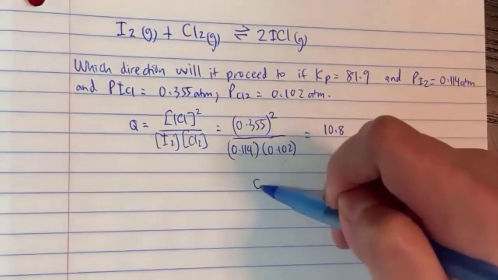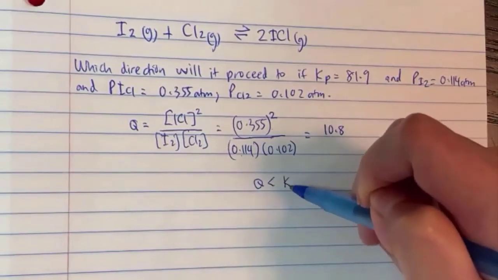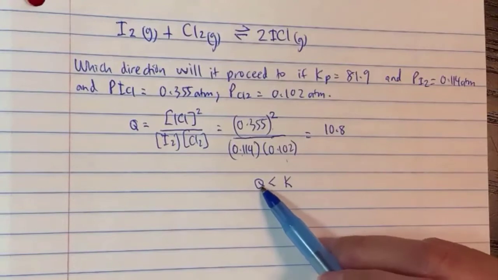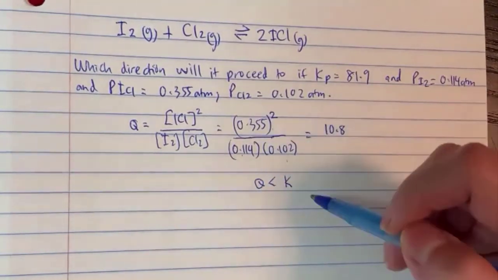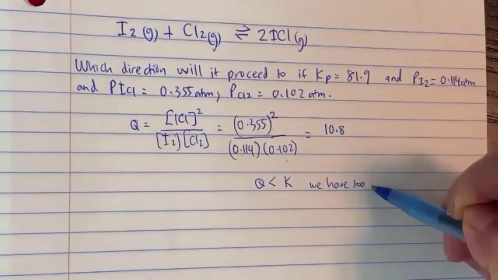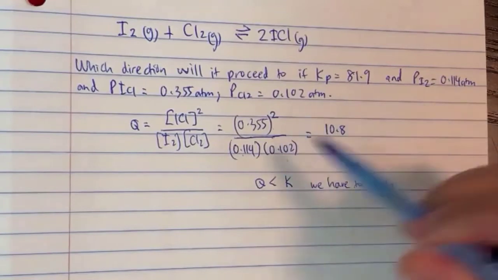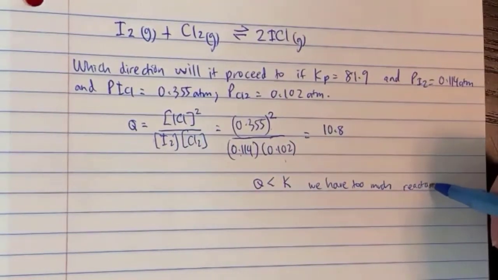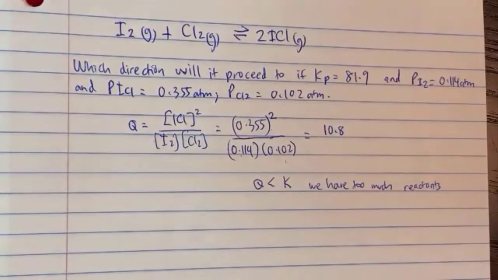Okay, and then you're like, okay, well, I have 10.8 and the K is 81. So clearly my Q is smaller than my K. That means I have too much of what? If the number is small, that means I have too much stuff on the bottom, which the bottom stuff is reactants. So which way is it going to shift?